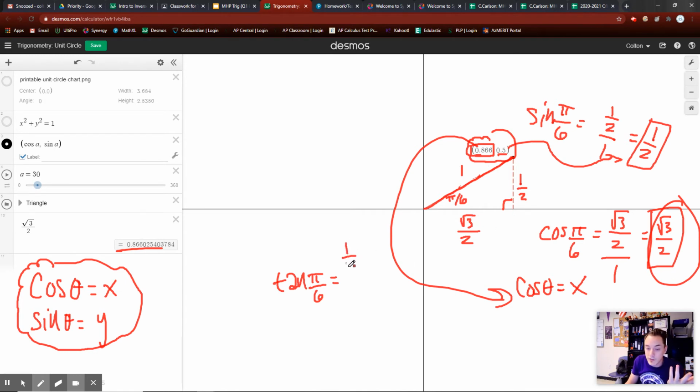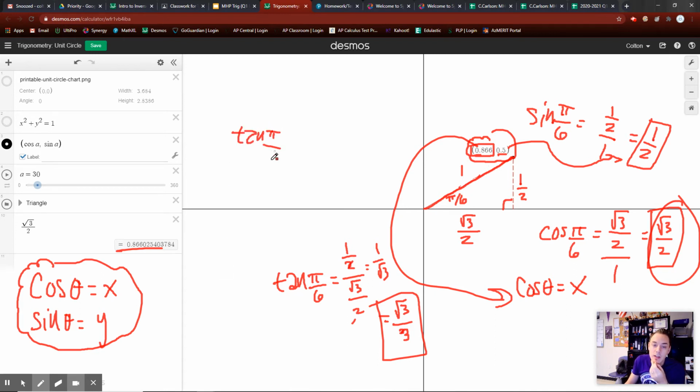So 1/2 all over adjacent, which is radical 3 over 2, which means this is 1 over radical 3, which is radical 3 over 3. What did you just do here? What's 1/2? That's sine, right? So what we could have just done was sine of pi over 6 divided by cosine of pi over 6, because that is my quotient identity.